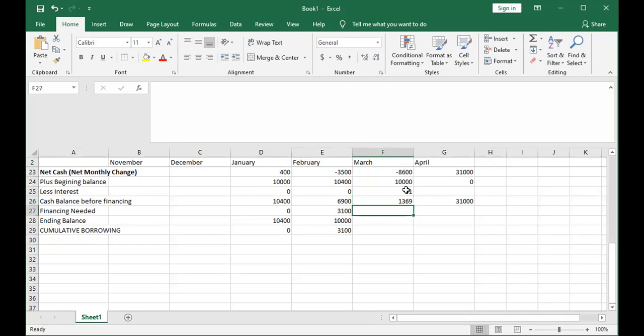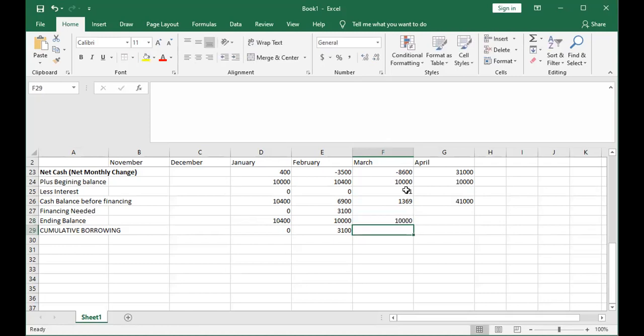Okay, so now the cash balance before financing is less than 10,000 ringgit. Therefore, you still need to come up with another financing, because you still need to maintain the 10,000 ringgit.